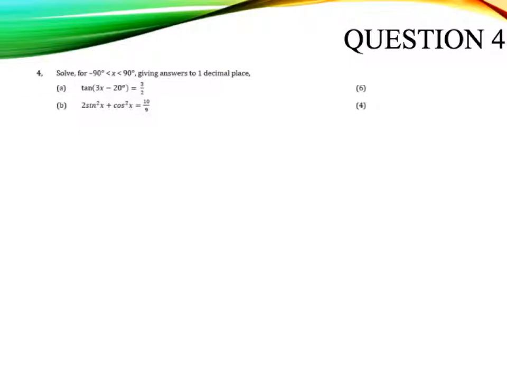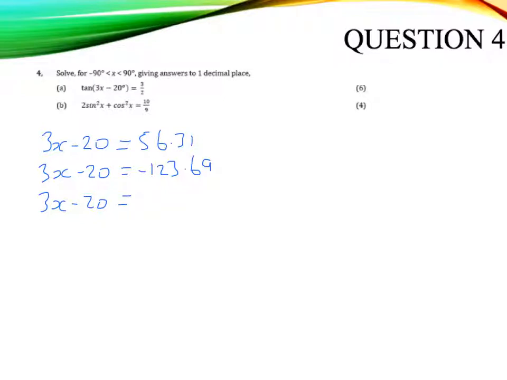So the values that I found so far were for u, or in fact for 3x minus 20 equals 56.31, 3x minus 20, which remember is what our u was, is minus 123.69, and finally 3x minus 20 was 236.31.